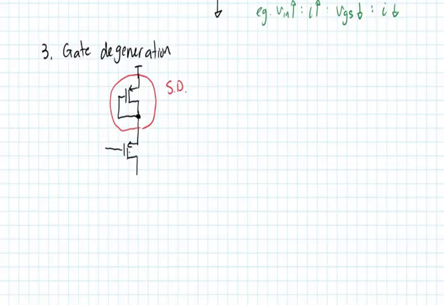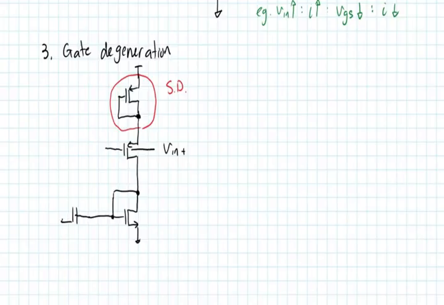So let's say this is our input signal here. This is Vin plus. And then what we're going to do is a technique we call gate degeneration. So remember, this is the drain of the PMOS device here, because source and drain are swapped, and this is going to go to some other transistor here.